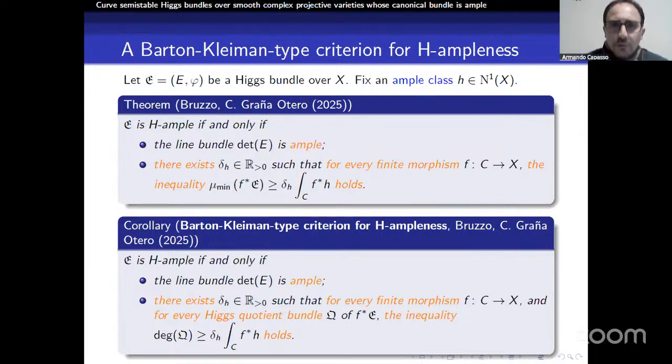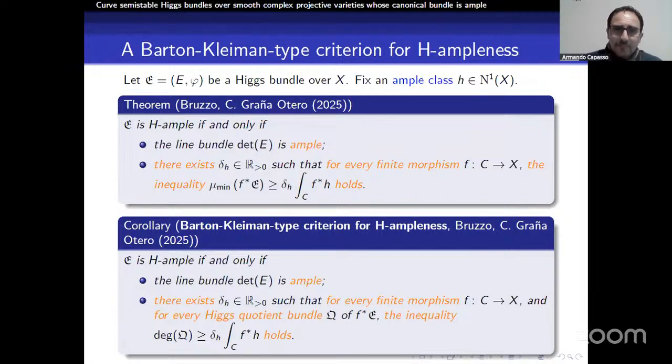Okay, two things. First of all, this real positive constant delta H does not depend on f and on C. It depends only on the Higgs bundle E and on the ample class H. I mean, if one changes the ample class H to H', one finds a delta H'. If one changes the Higgs bundle, of course, delta H changes.